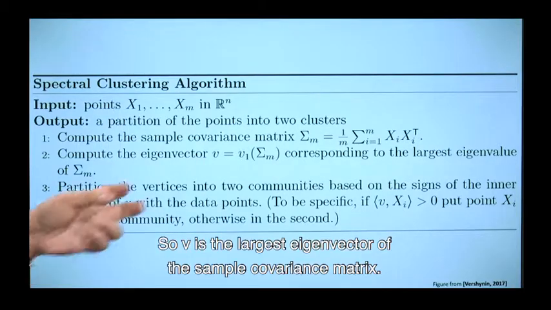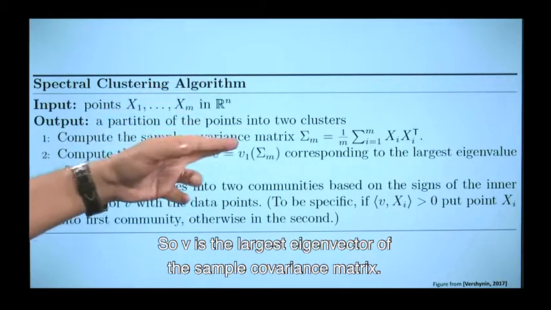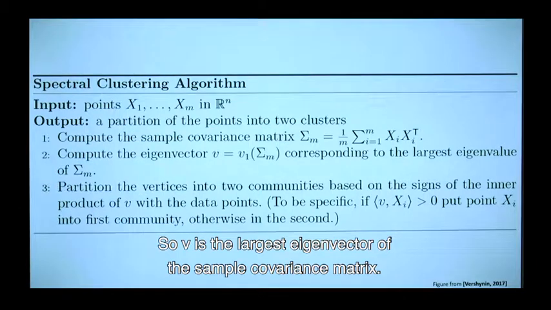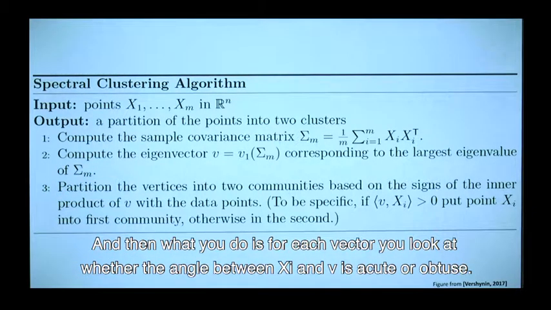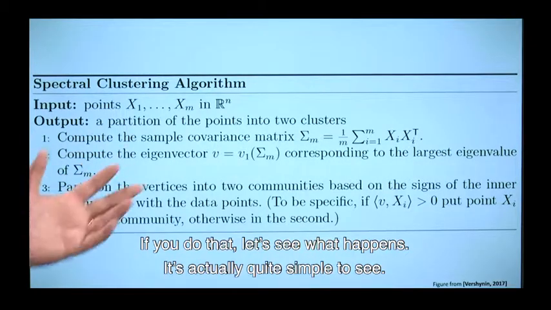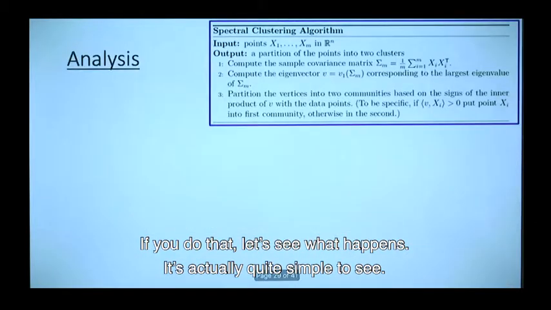Based on that eigenvector you can partition the data set. So, v is the largest eigenvector of the sample covariance matrix, and then for each vector you look at whether xi falls on the right side of v, that is, whether the angle between xi and v is acute or obtuse. So, let us see what happens.